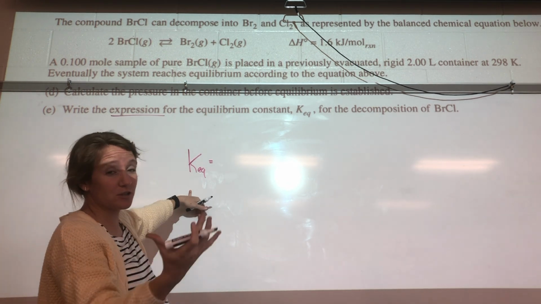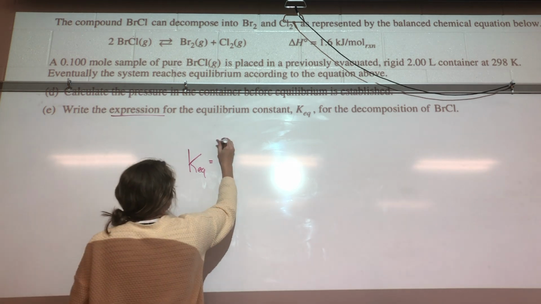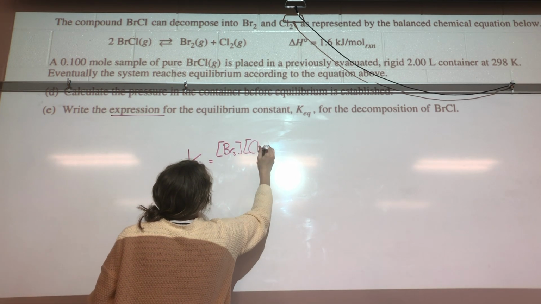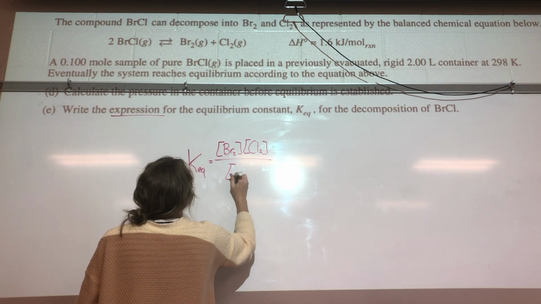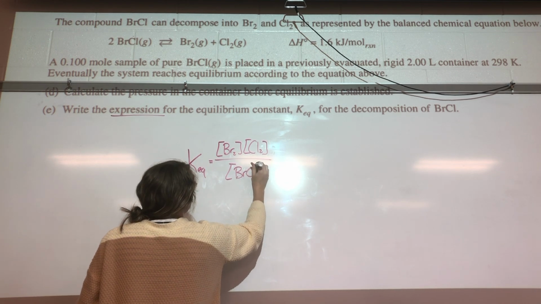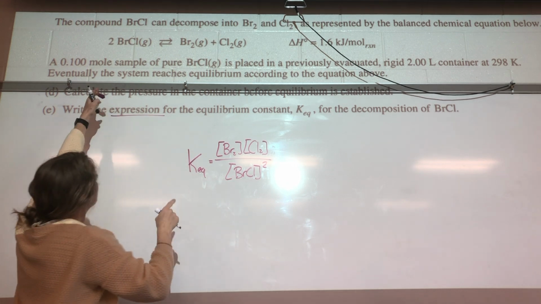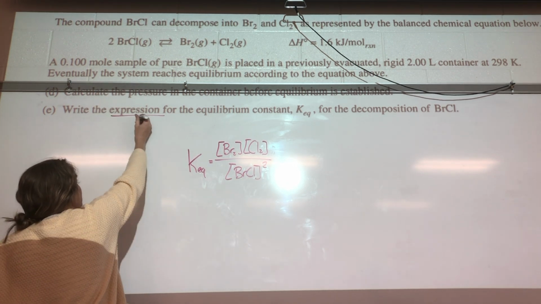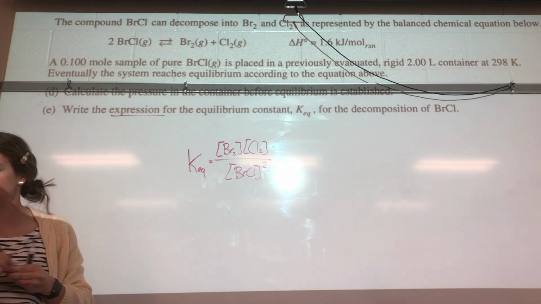You could do it pressure-based or concentration-based, but products over reactants, and then coefficients become powers. So the 2 in front gets put up there. That's the key thing with recognizing expressions.